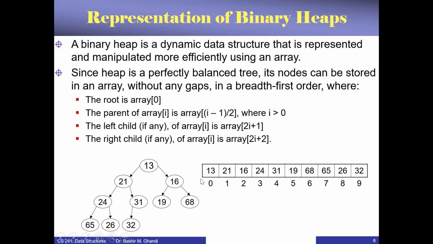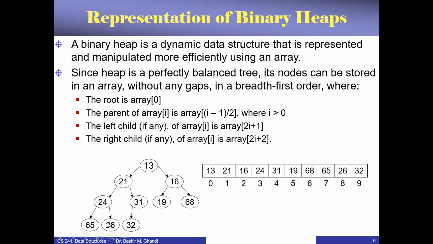Similarly, if you know the index of a parent, you can know the index of its right child. Here is the formula, just 2i plus 2. So again, for the same 24, 3 times 2, 6, plus 2, 8. So at 8, we have 26.